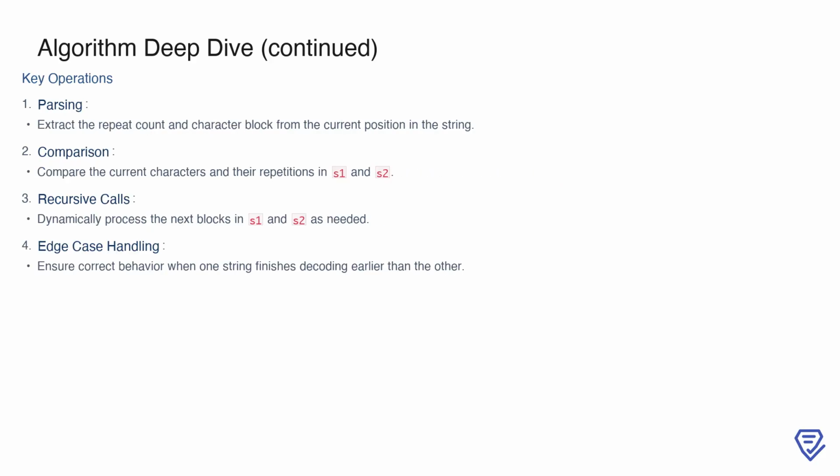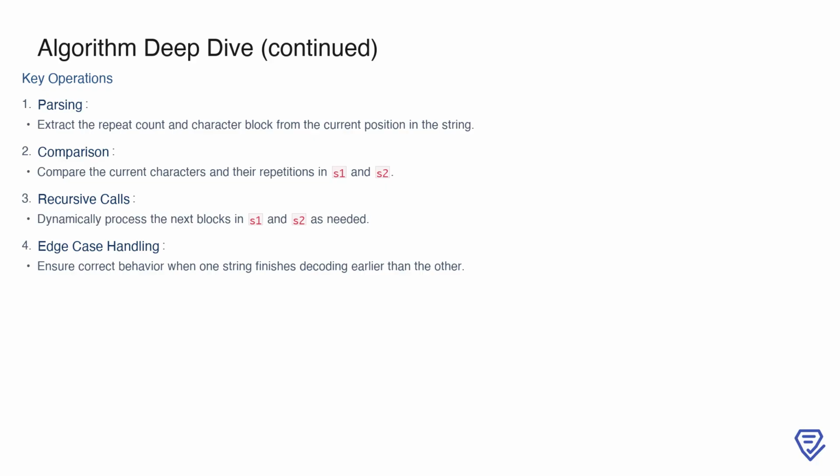At the heart of this algorithm are a few key operations. Parsing is the first step, where we extract the repeat count and character block from the current position in the string. This operation ensures we process the input incrementally, block by block. Next comes the comparison step, where we check if the current characters and their repetitions in S1 and S2 match. If they don't, we can terminate early.